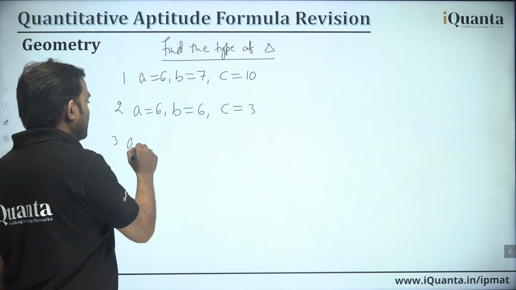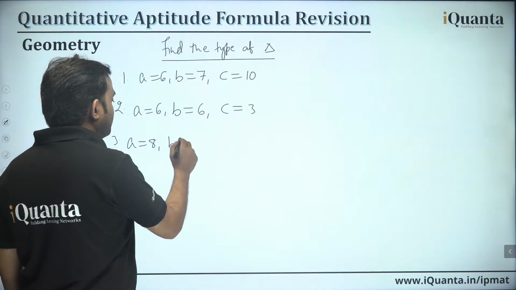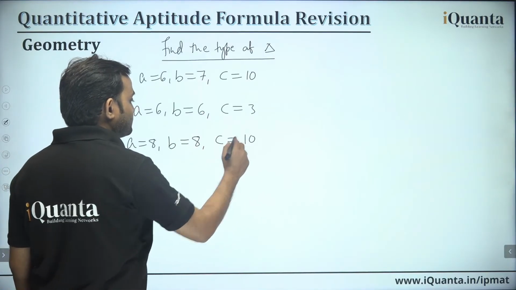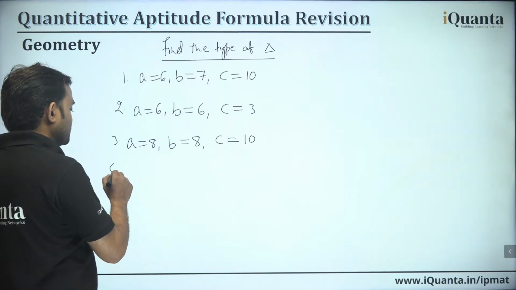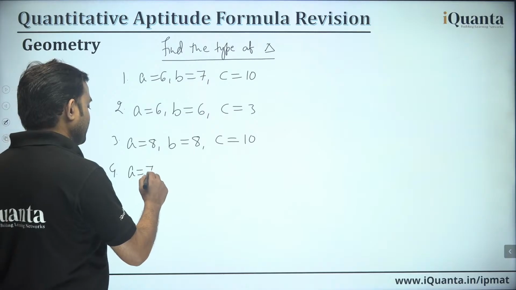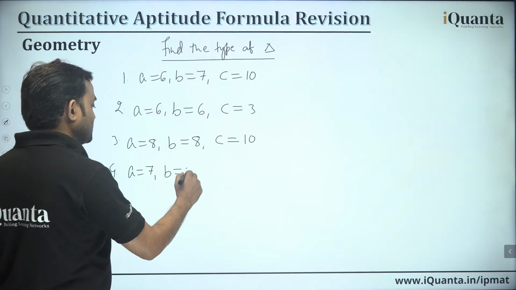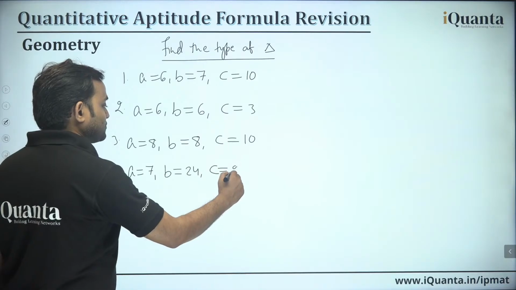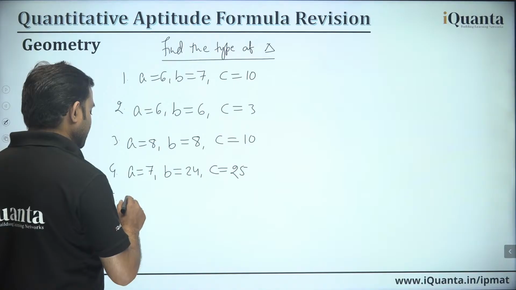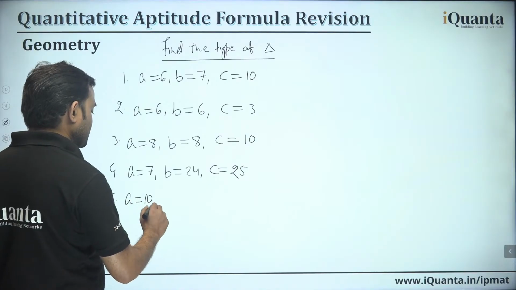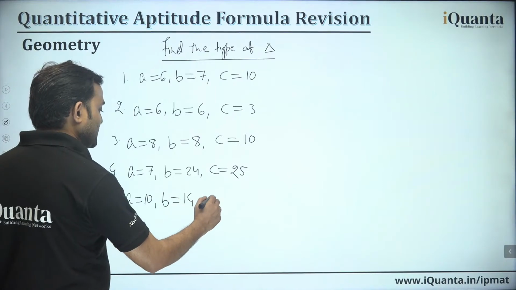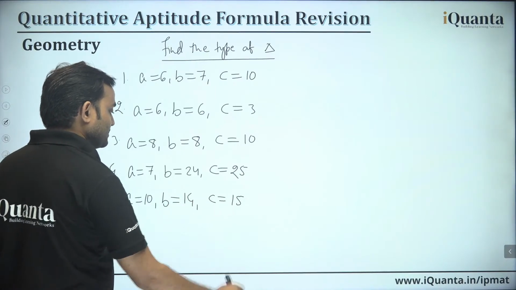Third one, A is equal to 8, B is equal to 8, C is equal to 10. Fourth one, A is equal to 7, B is equal to 24, C is equal to 25. And the last one, A is equal to 10, B is equal to 14 and C is equal to 15.